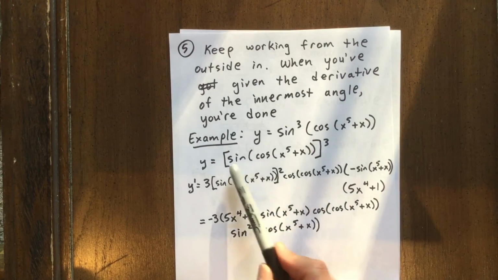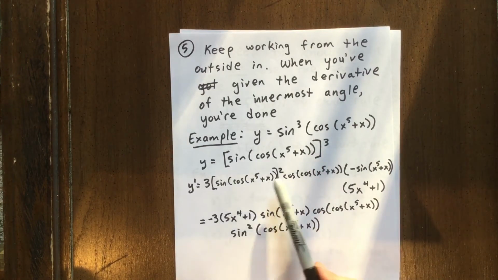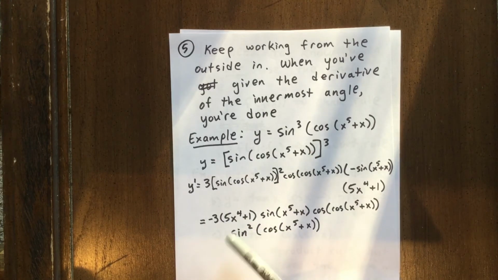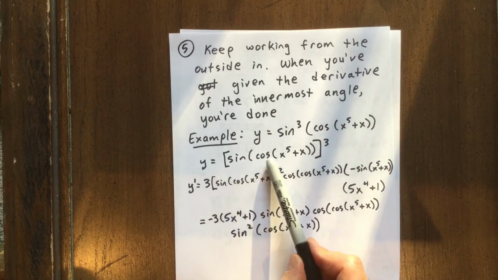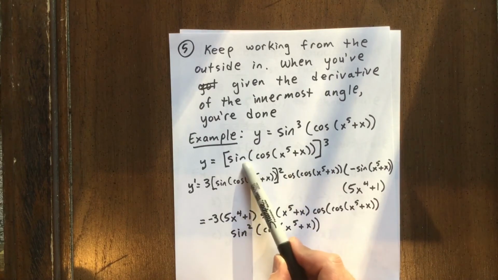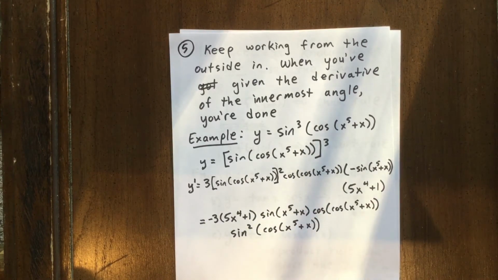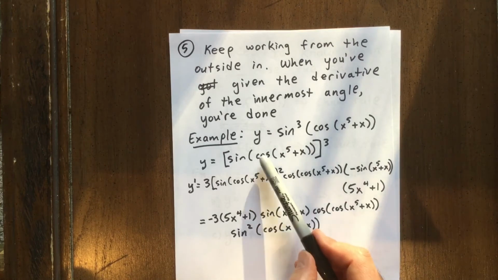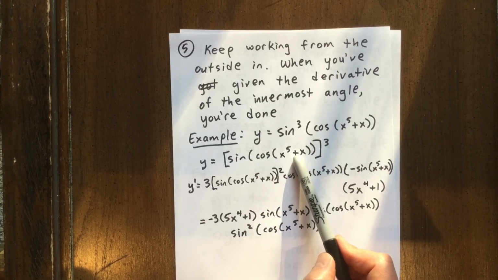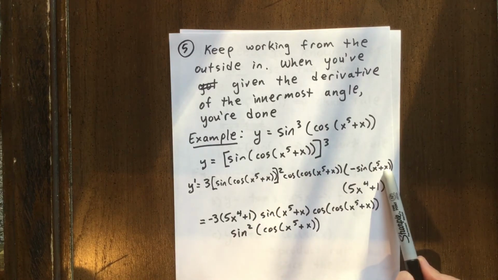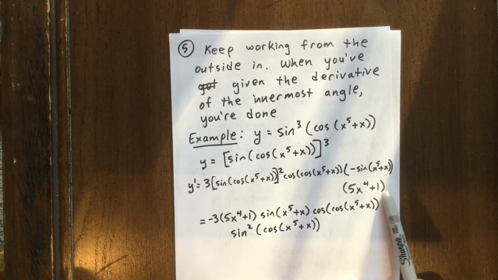So the derivative of block to the 3 is 3 block squared times the derivative of the block. Okay, well the block is sine of a different block. So the derivative of that is cos of that block times the derivative of that block. Well, what's the derivative of cos of a new block? It's negative sine of that new block times the derivative of that block. This is one big multiplication, including the 5x to the 4 plus 1.